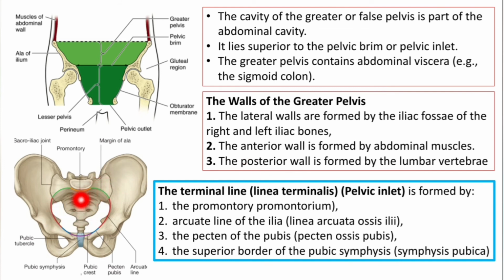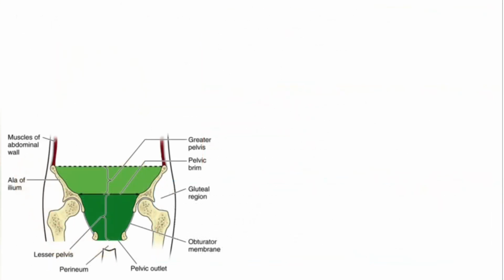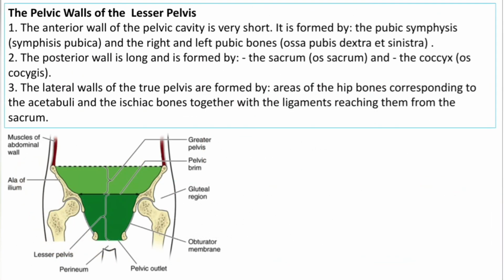Now let's talk about the lesser pelvis, starting with the walls. The anterior wall of the pelvic cavity is very short. It's formed by the pubic symphysis, the symphysis pubica, and the right and left pubic bones, ossa pubica dextra and sinistra.